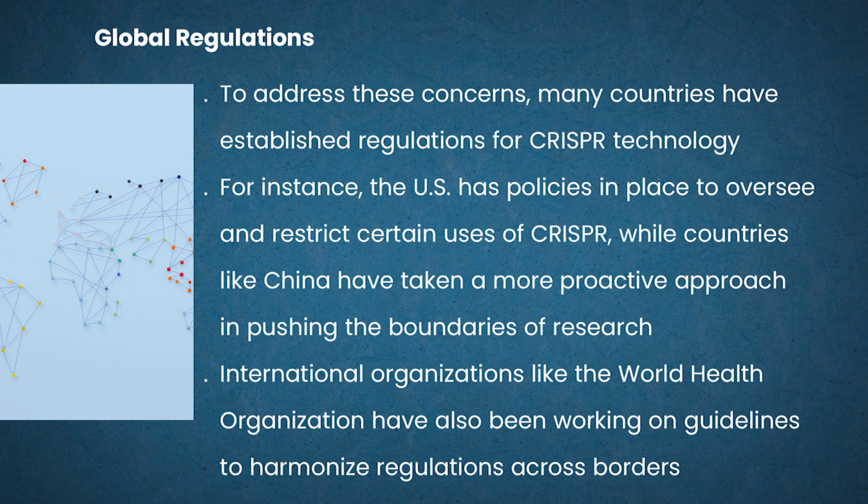International organizations like the World Health Organization, also abbreviated as WHO, have also been working on guidelines to harmonize regulation across borders. These regulations are crucial to strike a balance between scientific progress and ethical considerations. They are like guardians to keep life on earth on its right path.